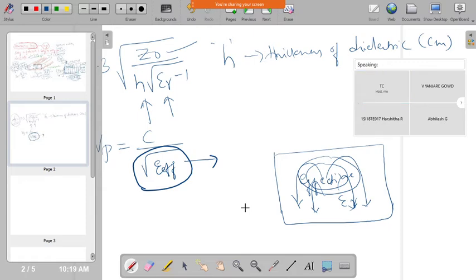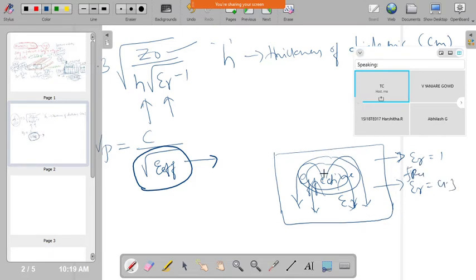So the effective dielectric constant is the homogeneous medium that would fill the entire region where air and dielectric are involved, epsilon r equal to 1 and epsilon r equal to, for example, FR4, 4.3.